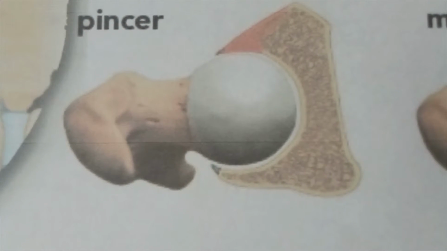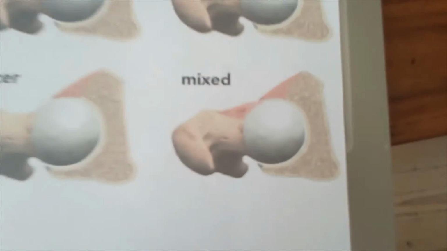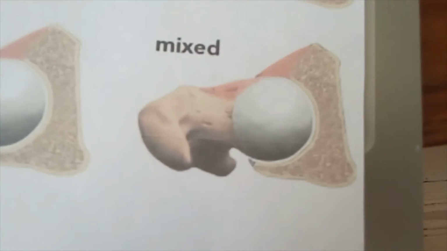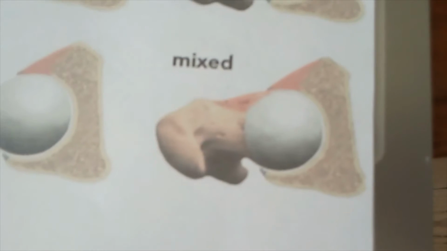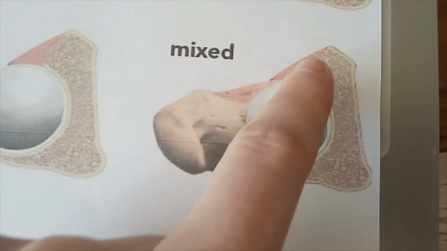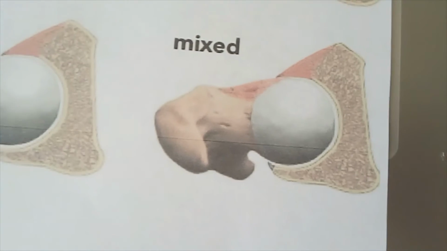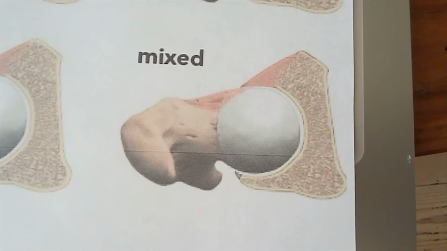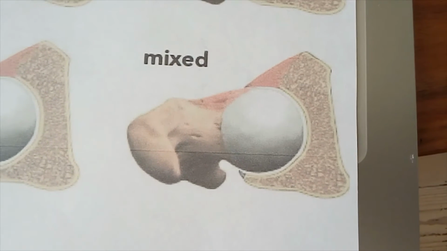So then we have the third type, which is combined or mixed impingement. And so this is basically where both the cam and the pincer type of impingements are present, and this actually occurs in about 70% of cases of FAI.